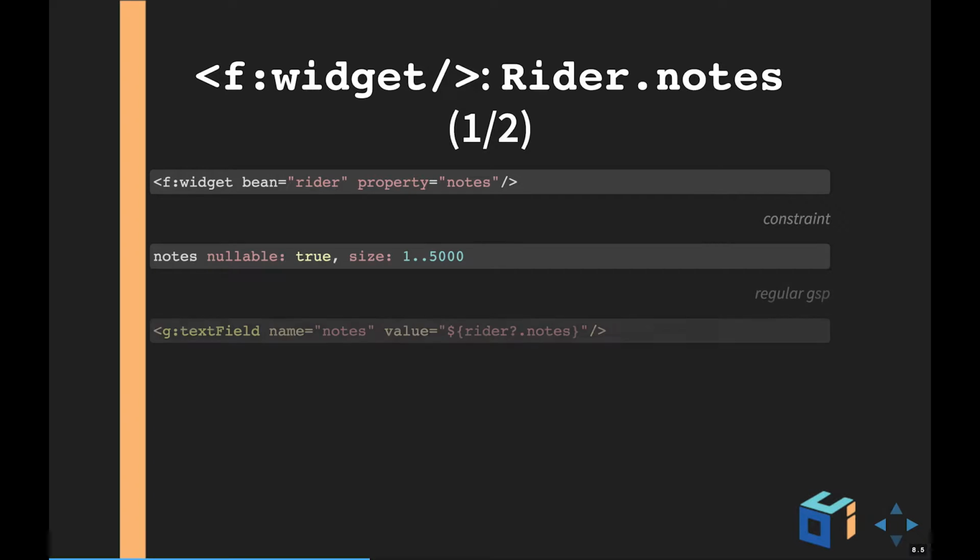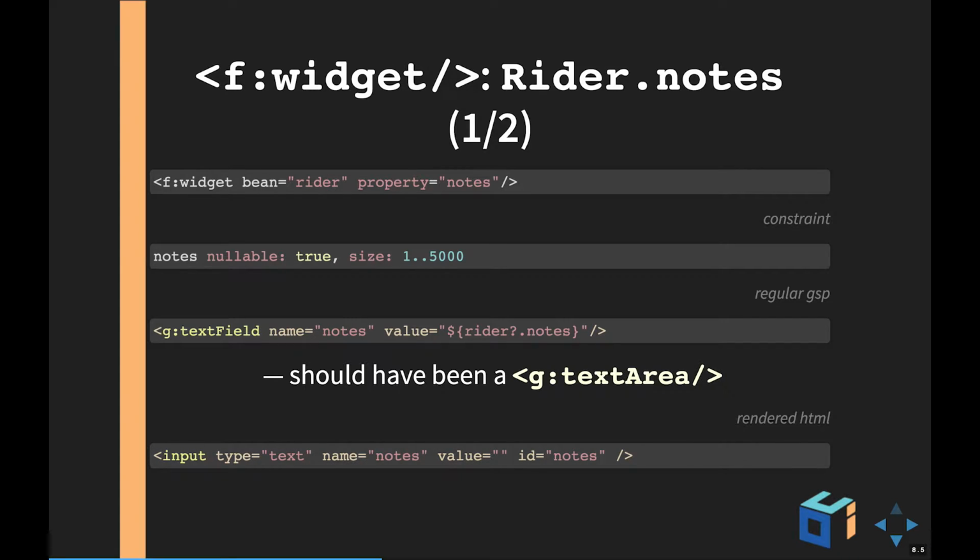Then I have the notes on the writer. Again, it should have been a text area, but the default field that the field plugin renders is a text field for strings. It doesn't know about all the constraints that you can add. So we would get this output text.